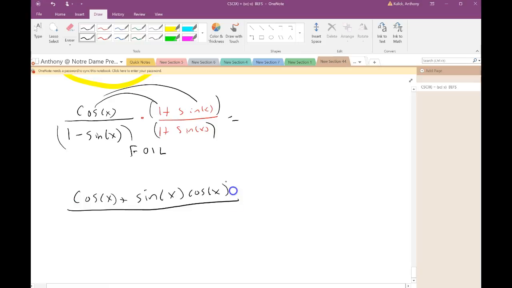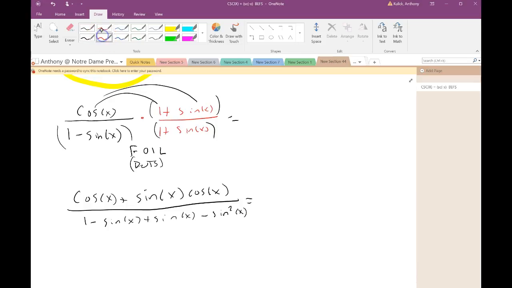So again, we're using that difference of two squares kind of formula, right? When I FOIL that out, I get 1 minus sine x plus sine x minus sine squared x.